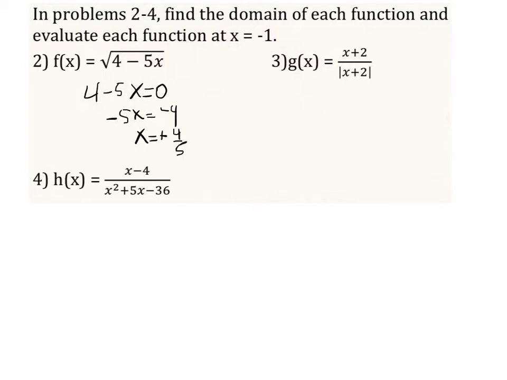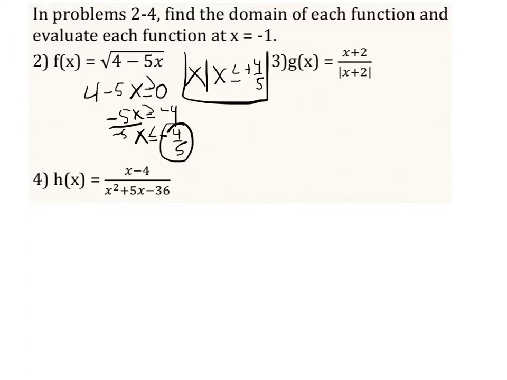So that's the number we can't really go above or below, because we need this to actually always be greater than or equal to 0. Greater than or equal to 0, and then when we divide it by -5 here, we need to switch it. So x needs to be less than or equal to. So all x's, provided that x is less than or equal to positive 4/5, would be our domain.